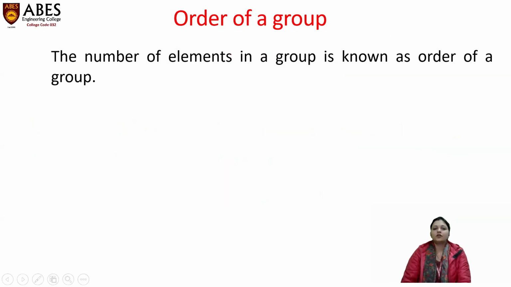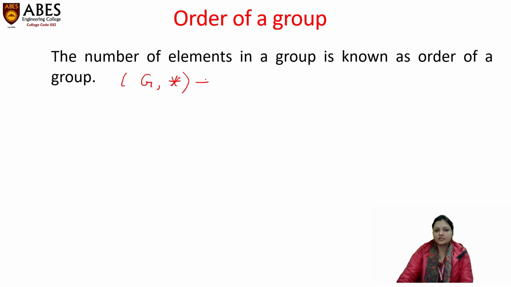So what is the order of a group? Order of a group is the number of elements in a group. As we have discussed in the previous lecture, a group is a set which is equipped with a binary operator, if this structure satisfies four properties: closure, associative, existence of identity element, and the last property is existence of inverse element.